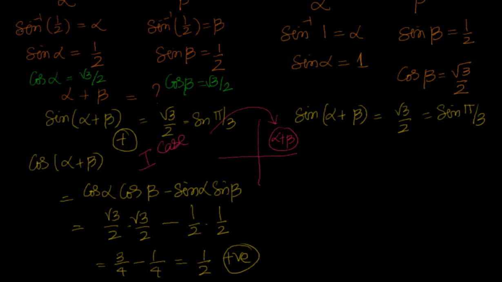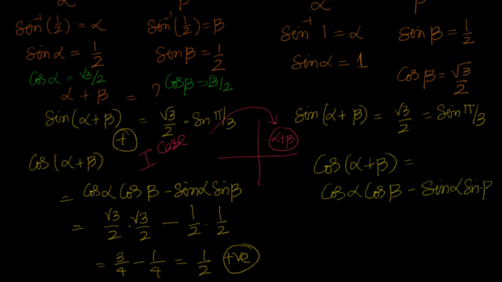Now let's look at the second case. Let's find out what is cos of alpha plus beta here. We know the same formula, cos alpha cos beta minus sine alpha sine beta. Cos alpha is 0 into cos beta root 3 by 2, minus sine alpha is 1 into sine beta is 1 by 2.